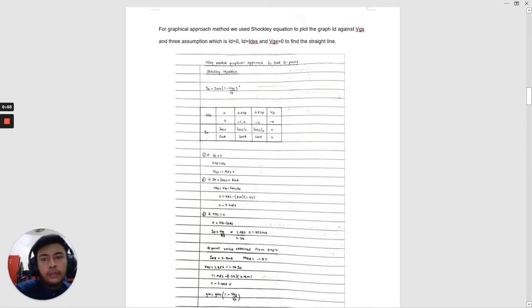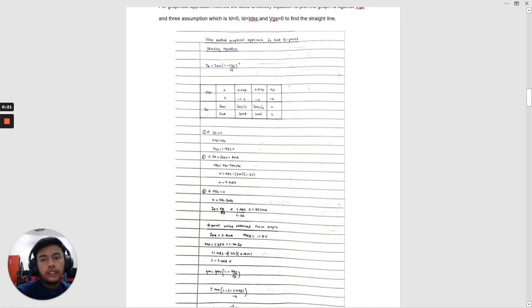And next, for the graphical approach, we use the Shockley equation to plot the graph of ID against VGS. We use three assumptions, which are ID equal to 0, ID equal to IDSS, and VGS equal to 0, to find the straight line and get the intersection point. By using the Shockley equation, we make a table which contains VGS and ID.